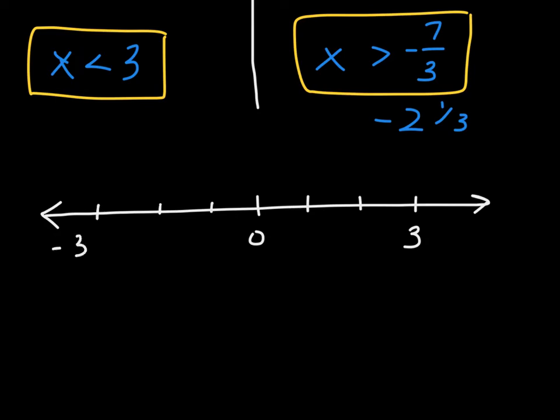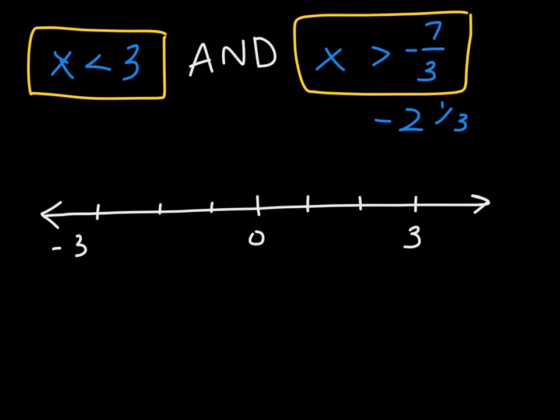Do you remember that the word in the middle is and? I'll make it really explicit and actually write it: and, intersection. In order for you to make it into the final solution set, you have to be a number that is both less than 3 and greater than negative 7/3.